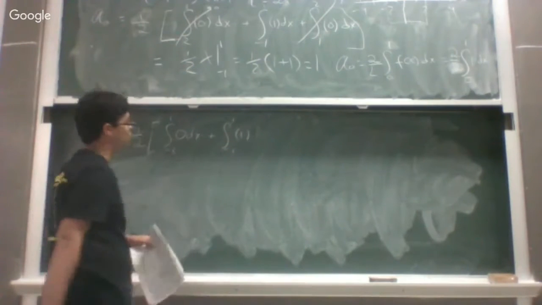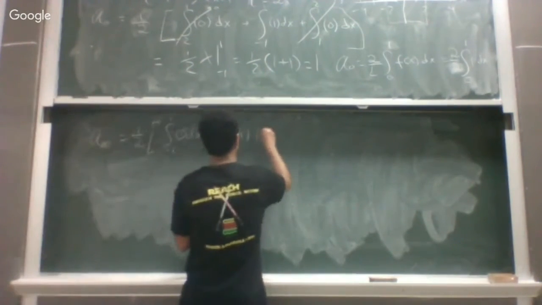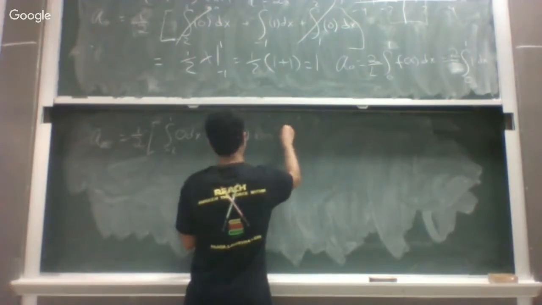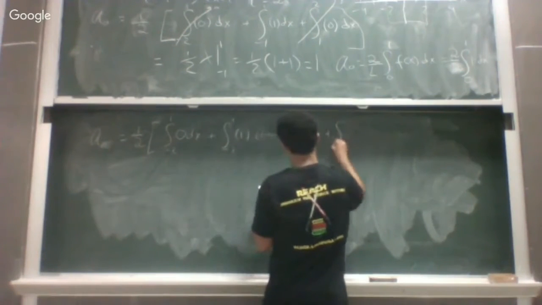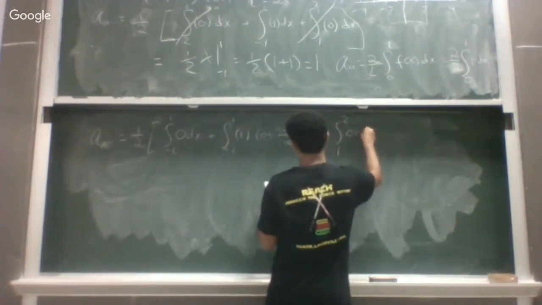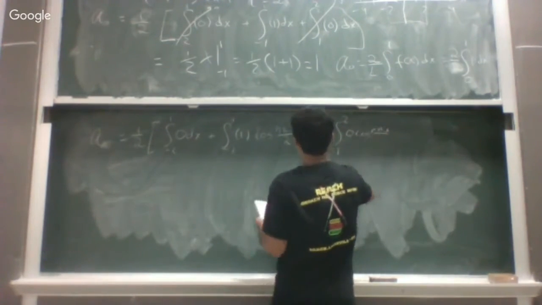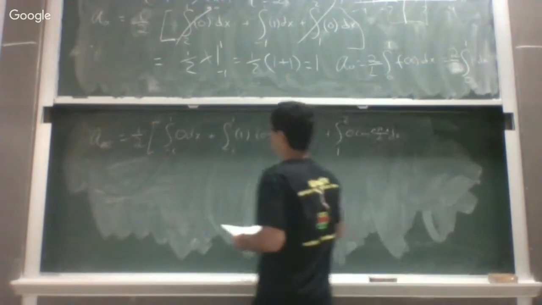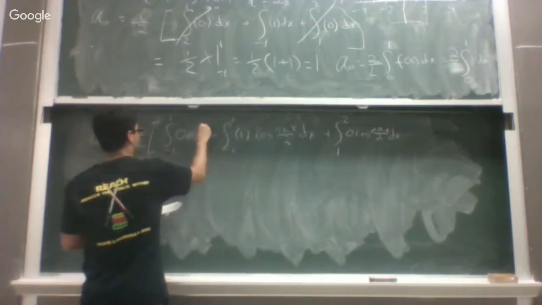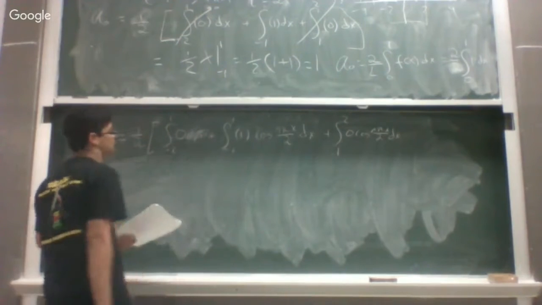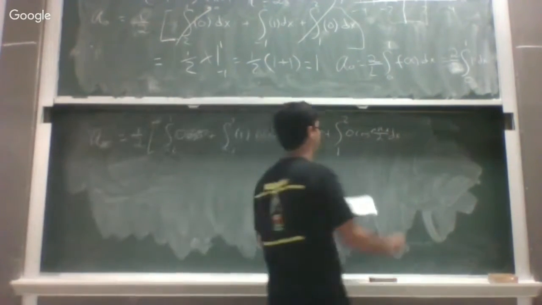Essentially, you know these parts are zeros, so they didn't write the cosine, but the formula is f of x times cosine of n pi x over 2 dx, plus going from 1 to 2 of 0 times cosine of n pi x over 2 dx. Okay? But these two go to 0.